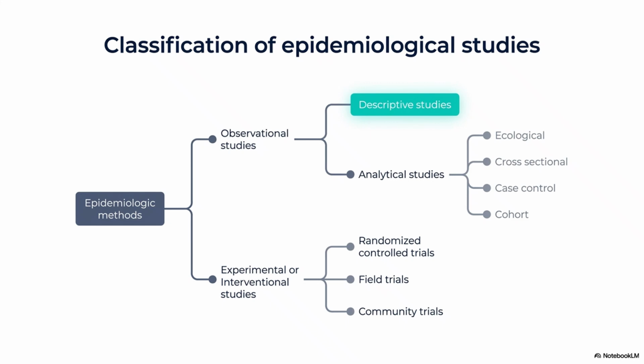So we will do 2 by 2 tables and see the association, and with the help of that we will tell about risk factors for that particular disease. Analytical studies are ecological studies, cross-sectional, case control, and cohort studies. And the second category, experimental or interventional studies, are randomized control trials, field trials, community trials, and non-randomized control trials also.